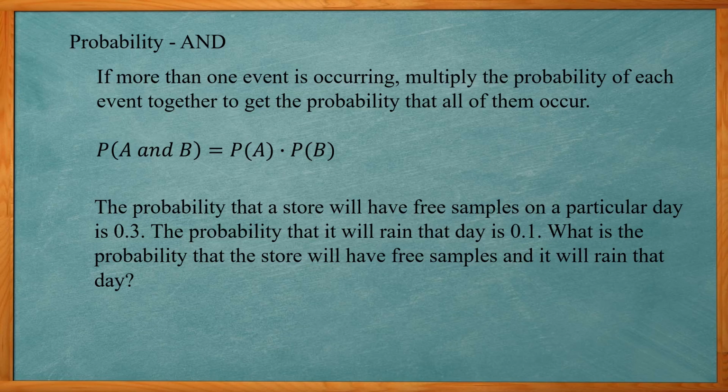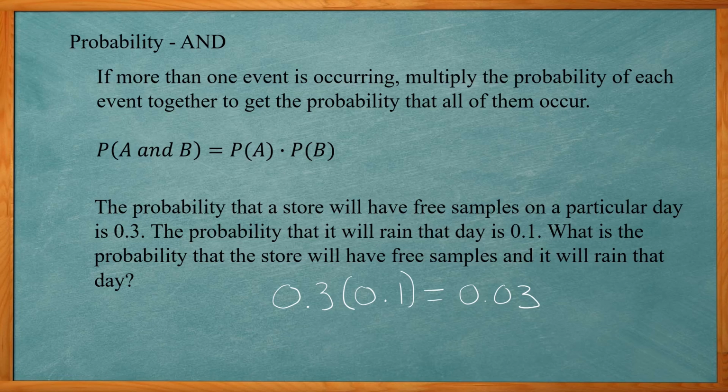And all you need to do is multiply those two probabilities together. So 0.3 times 0.1, multiply those together, that gives you 0.03. So that's the probability on one day that the store will have free samples and that it'll rain.